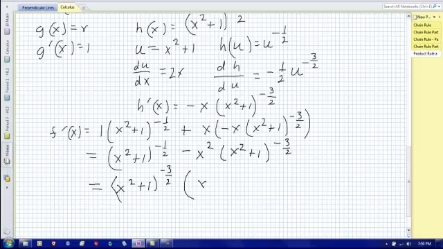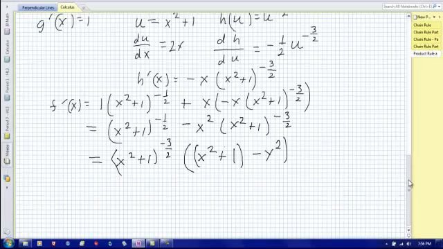So that would make this x squared plus 1. Okay, now by taking this x squared plus 1 to the negative 3/2 out of this, well, I know it doesn't quite look like that, but this leaves an x squared plus 1, whole one of those, minus an x squared.